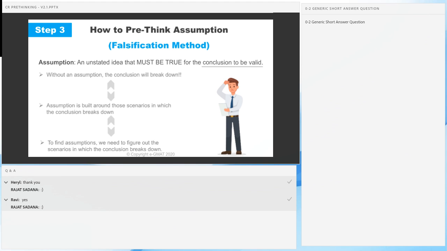So once you figure out all the scenarios in which the conclusion breaks down, then an assumption is quite simply a statement that says, hey, those scenarios are not possible. Okay. That's what it is. You figure out if my conclusion breaks down in scenario 1, 2, and 3. The assumption simply is scenario 1 is not possible, or another assumption is scenario 2 is not possible, or scenario 3. And again, remember, an argument can have multiple assumptions.